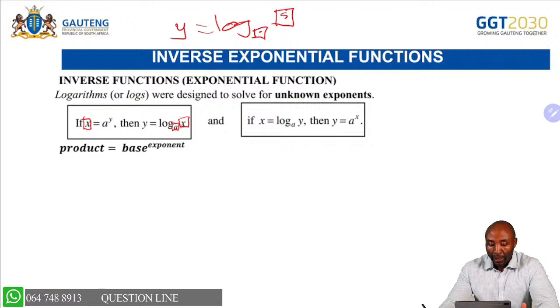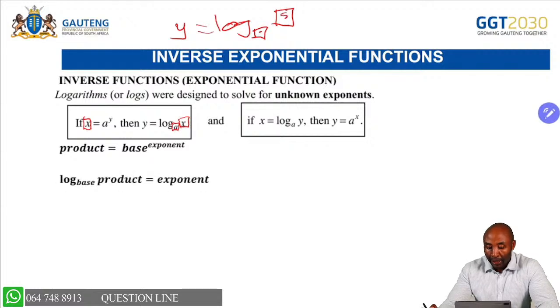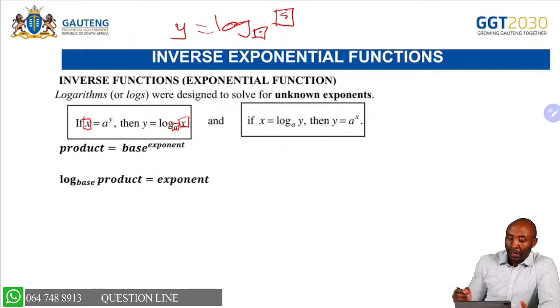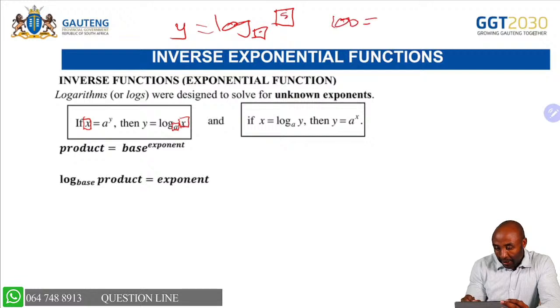Now, we are able to see that the product is equal to base raised to the exponent, and the reverse, the logarithm to base of the product, will always give us the exponent. For example, if I have 100 is equal to 10 to the power 2, I can write this in logarithmic form.